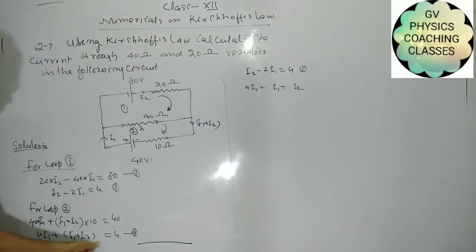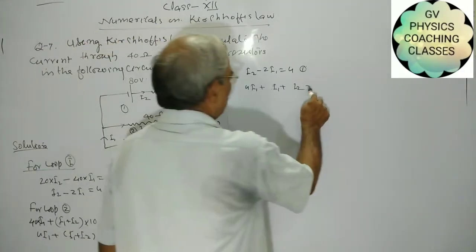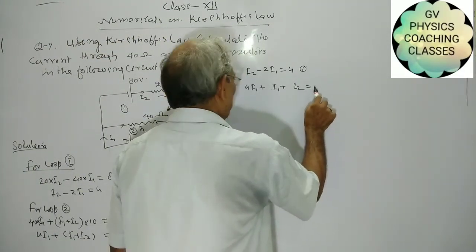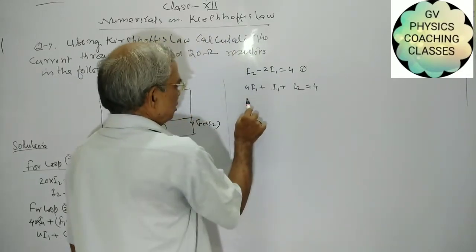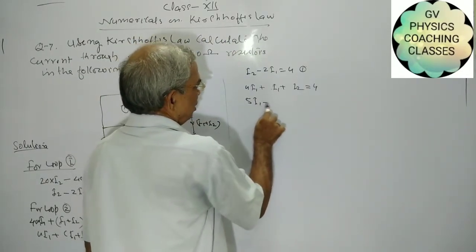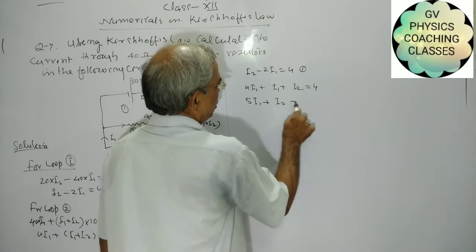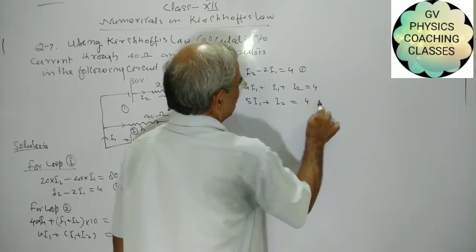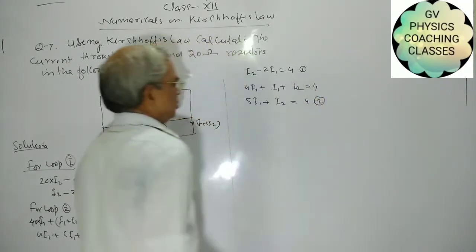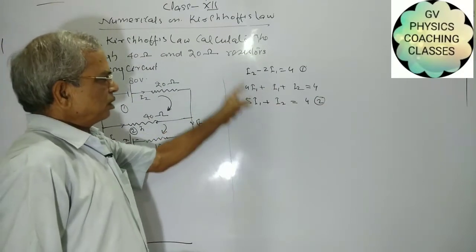I1 plus I2 equal to 4. It means 5I1 plus I2 is equal to 4. This is equation second.